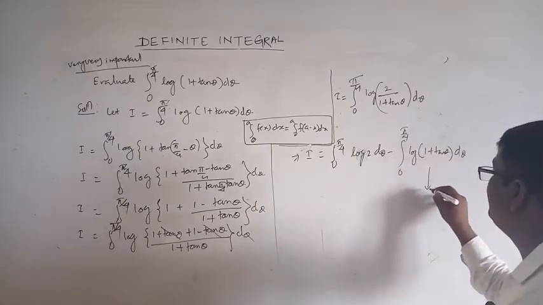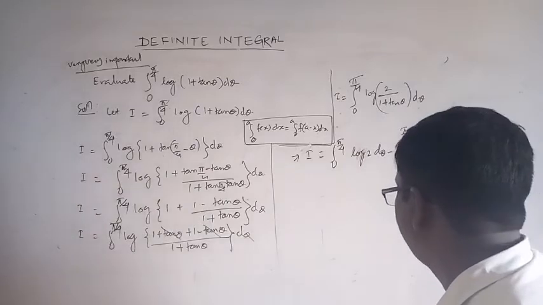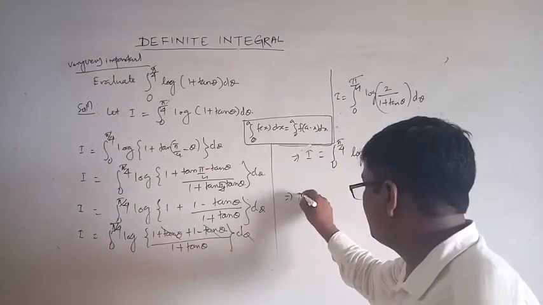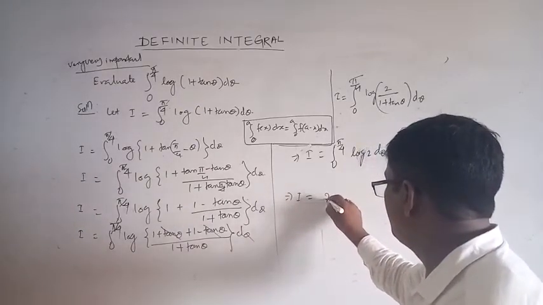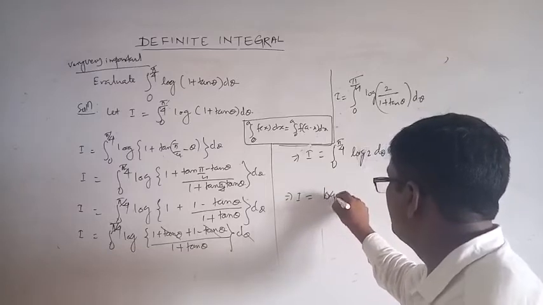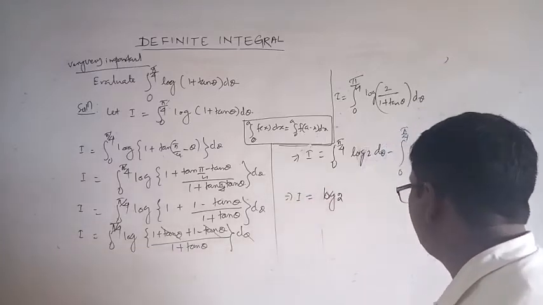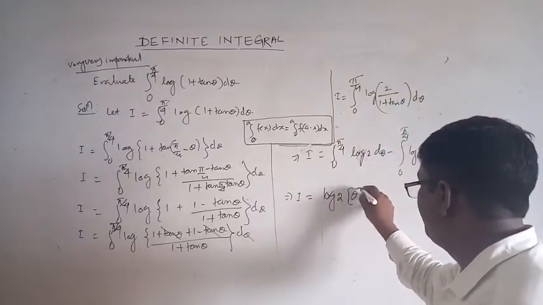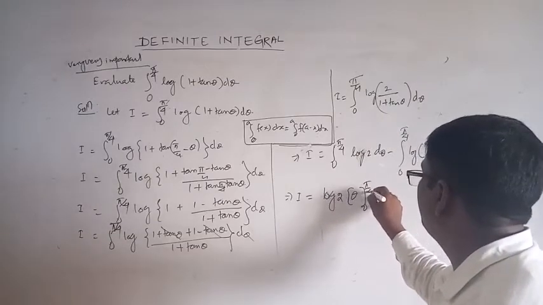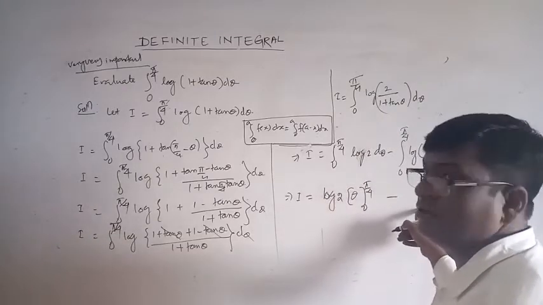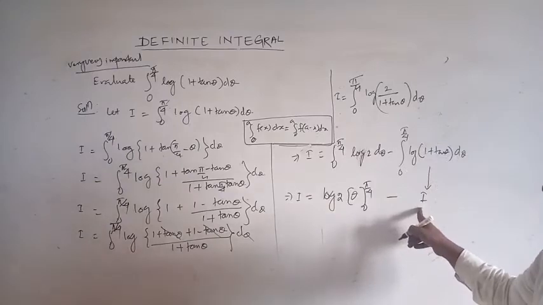So this is I. And I is equal to log 2 into the integration of d theta, which is theta, from 0 to pi by 4, minus I.